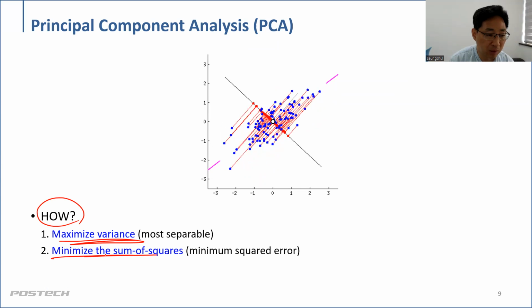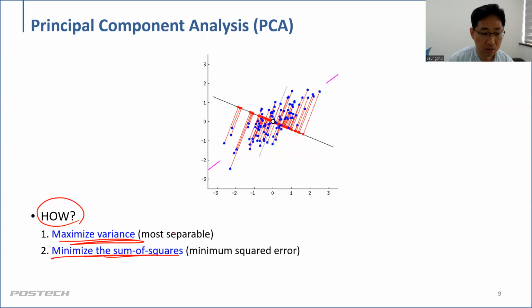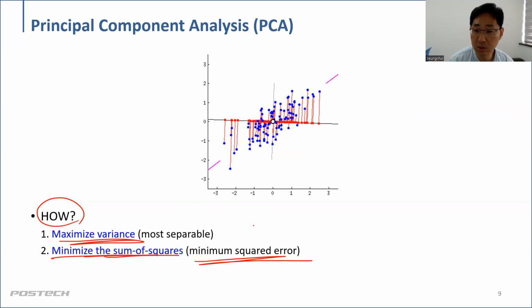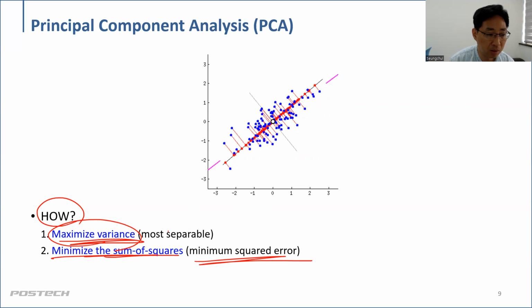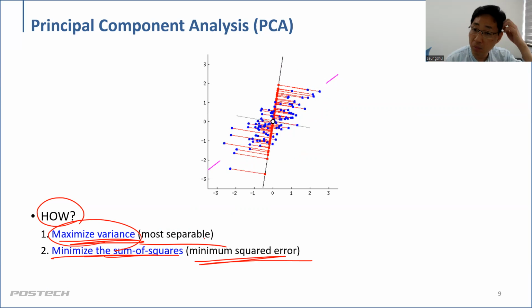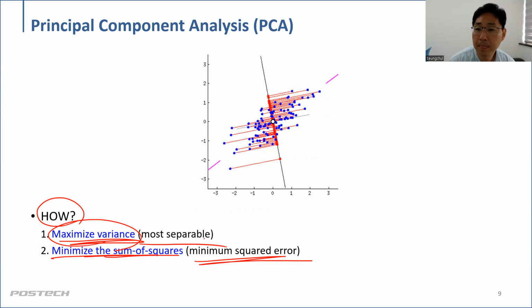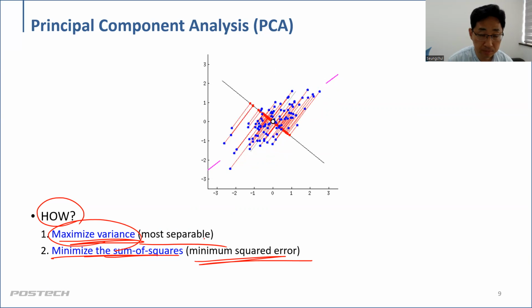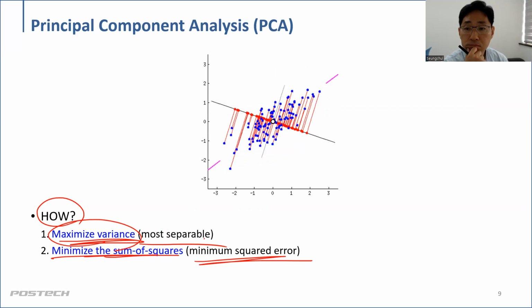Same as minimize the sum of the squared errors, and maximizing variance. In other words, you want to make them more separable. Good.